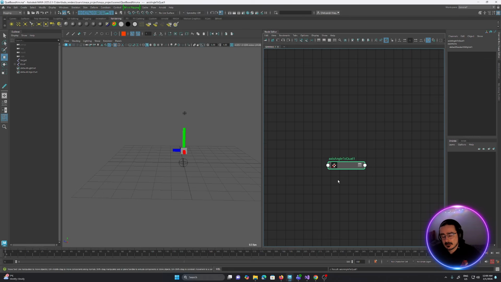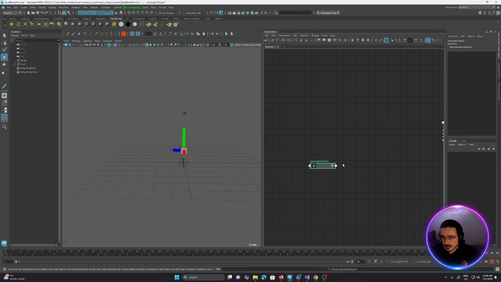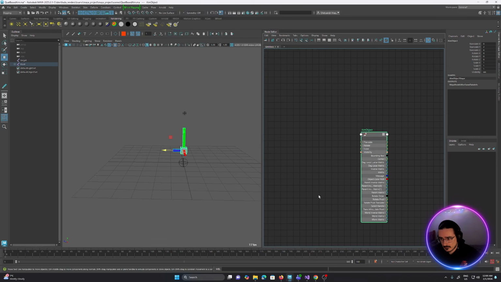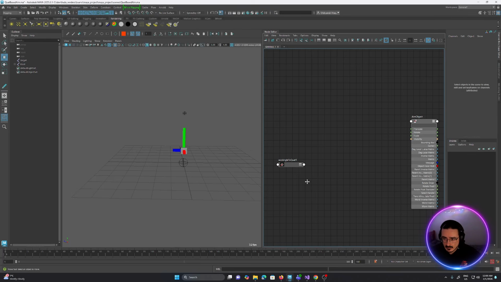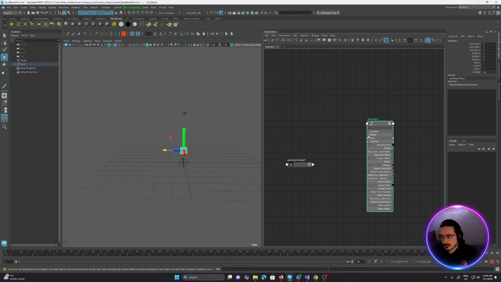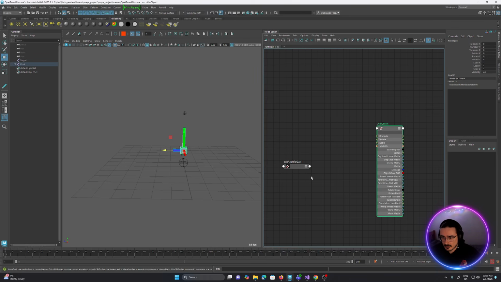So basically I need to find the axis of rotation, the angle on which I want to rotate my constraint object, and then plug the result of axis angle to quaternion into the rotation of my aim object.